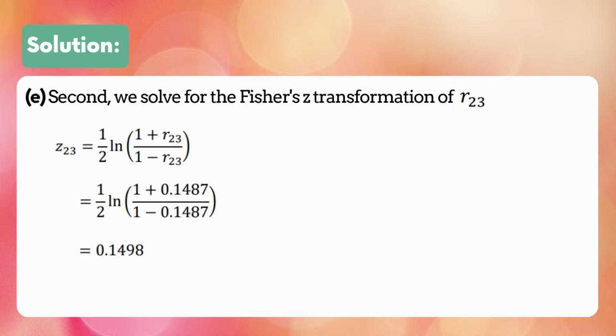This is equal to 1/2 the natural log of (1 plus 0.1487) divided by (1 minus 0.1487), which leads to an answer equal to 0.1498.